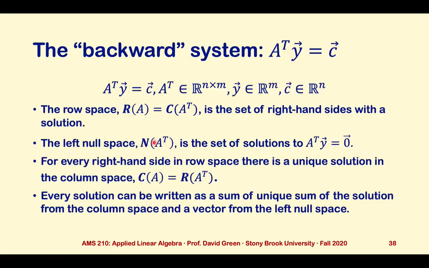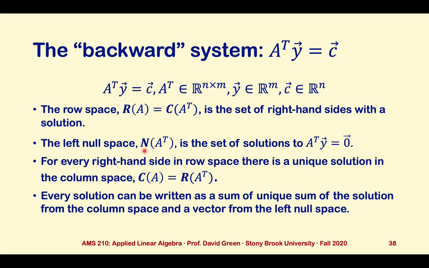All right. We can take exactly the same sort of analysis for A transpose y = c, what we might call the backward system, the transpose system. In this case, it's the row space of A, or the column space of A transpose, that gives us the set of right-hand sides with a solution. And it's the left null space that gives us the solutions to A transpose y = 0.